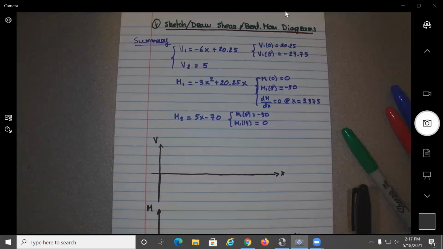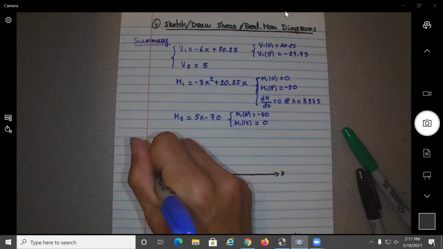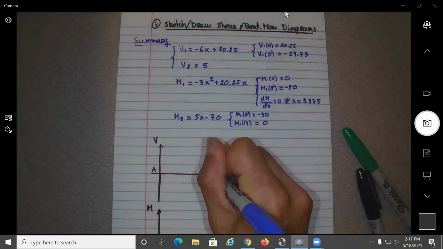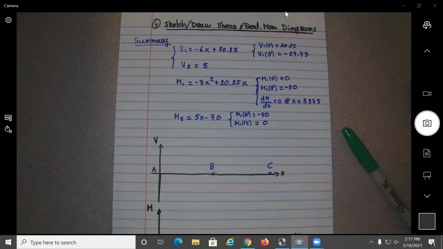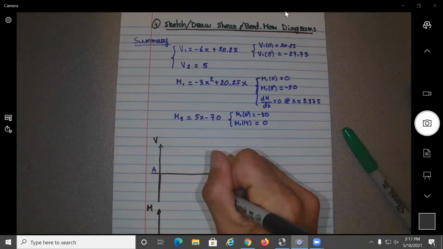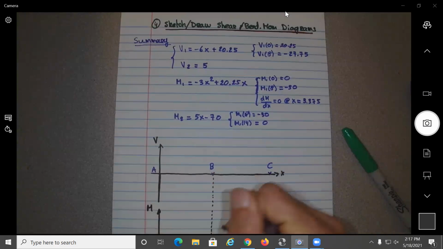I probably will say this is point A. Let's say A, this is B, and this is C. I know it's not to scale, but it doesn't matter.